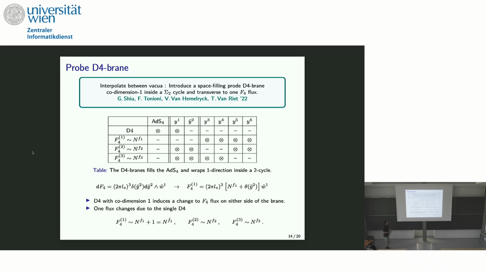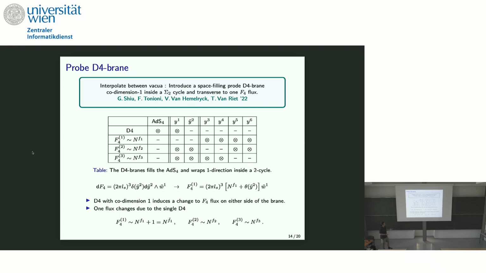So they introduced a space-filling probe D4 brane, which is codimension 1 inside a 2-cycle, and it's transverse to one of the F4 fluxes. Actually, in their setup, they introduced 3, which were all transverse to the 3 different F4 fluxes. But here, in our example, in order to interpolate to different families of vacua, we have to use 1.